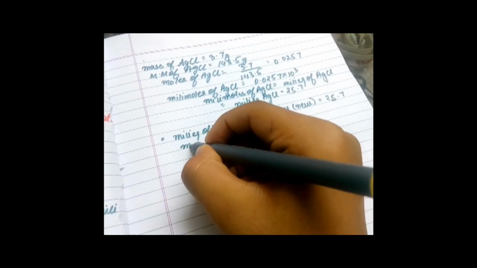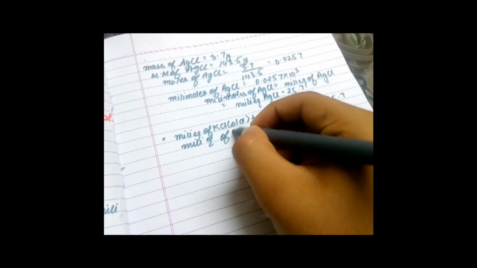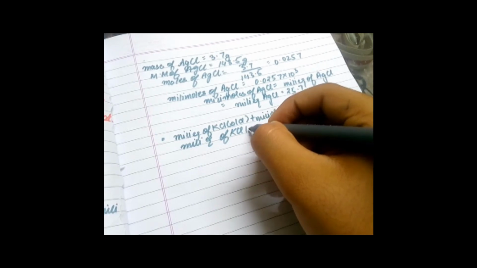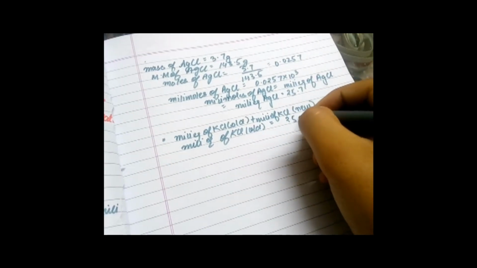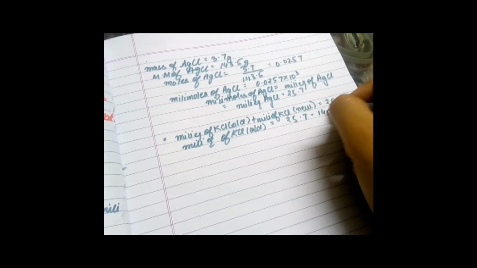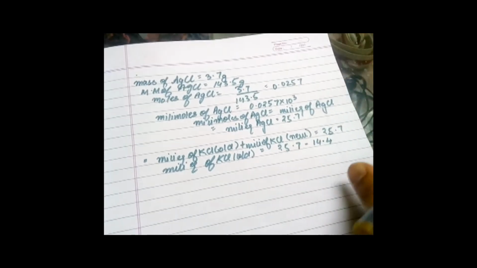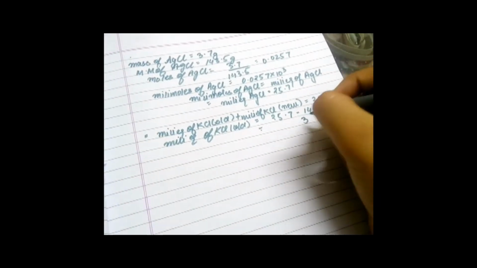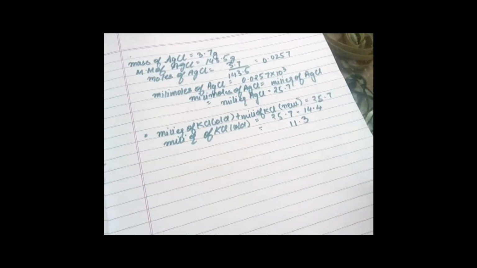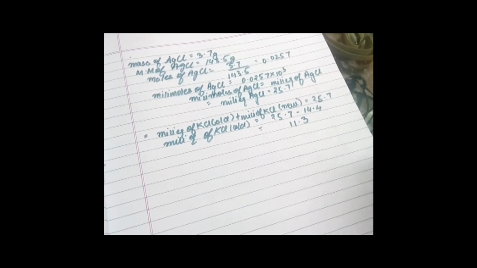So we can write that the milliequivalents of KCl old is equal to 25.7 minus 14.4. I have substituted my value here, so the value which will come here is 11.3.